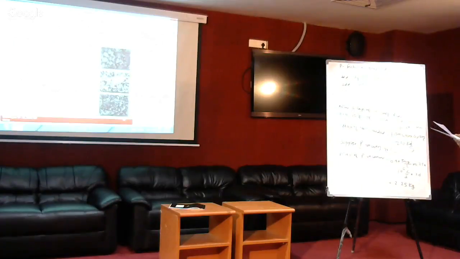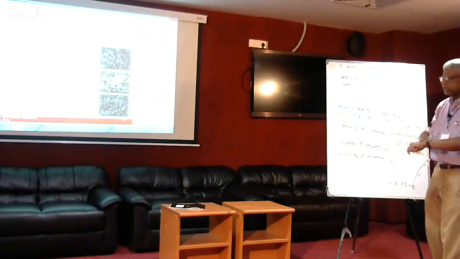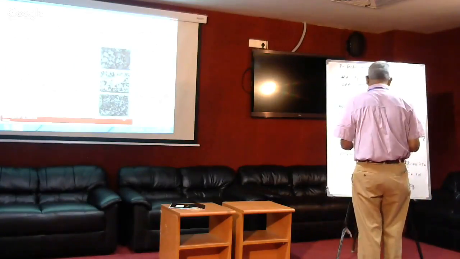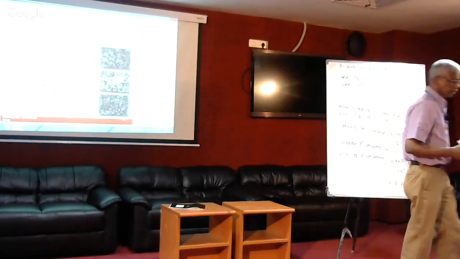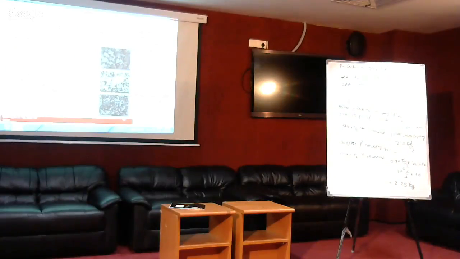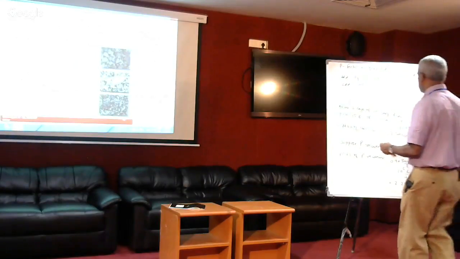So we will have to determine how much of these to add. And you see, this is all on a mole basis. 1 mole of phosphorus means 1 mole of ammonium, which means 1 mole of magnesium. So you can do those calculations. Because we are running short of time, I'll give you the final answers. And when you go home today after your visit to the tea garden, you will be refreshed. You can then do these calculations.